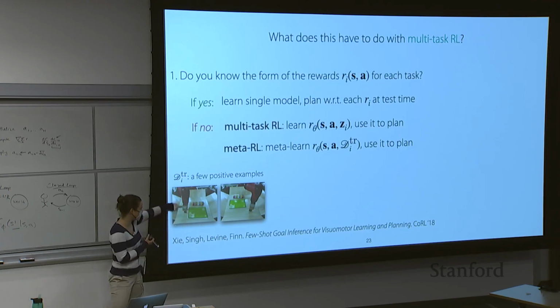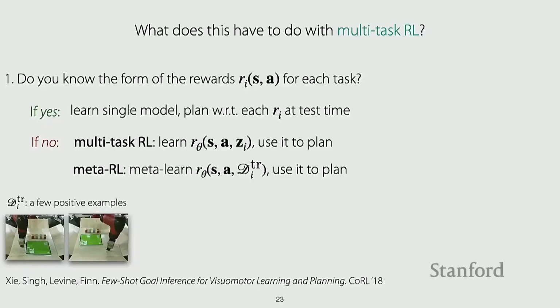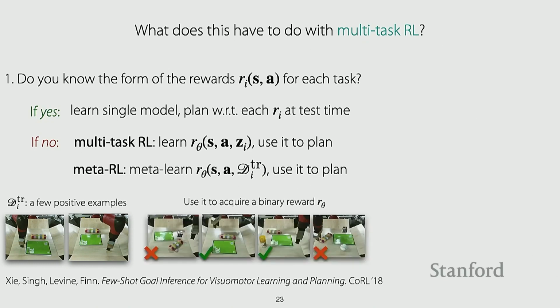In this case, the goal is to put the pencil case behind the notebook, and the robot is just looking at images. The state space is just images. We'll use this to acquire a reward function for this particular task, where it should assign a positive value when the pencil case is behind the notebook and a negative value when it's not.